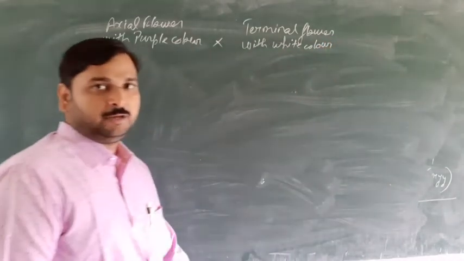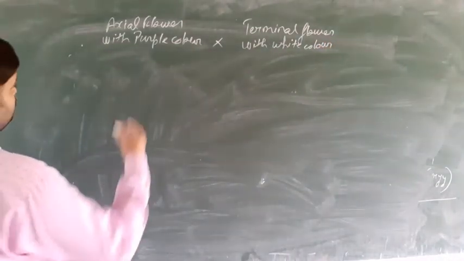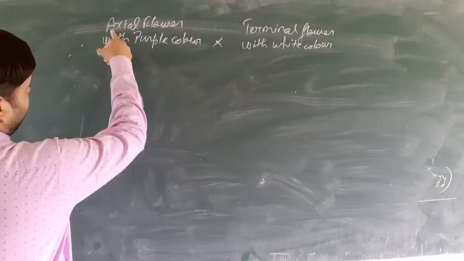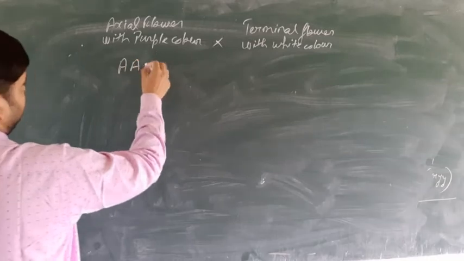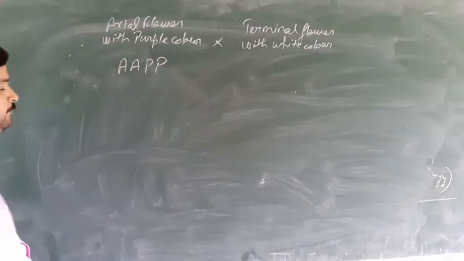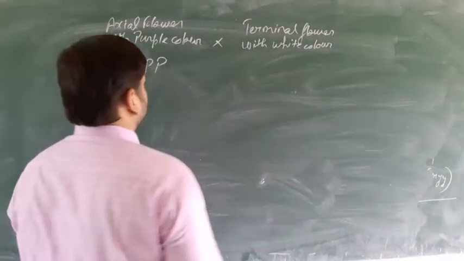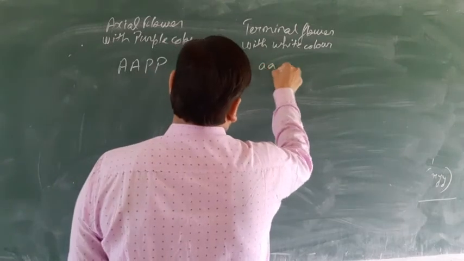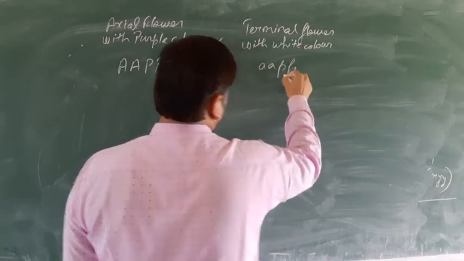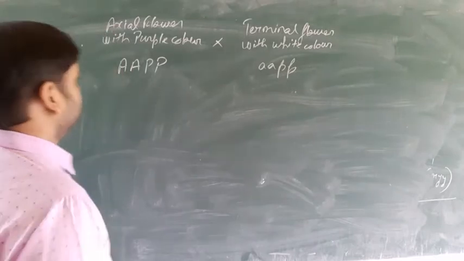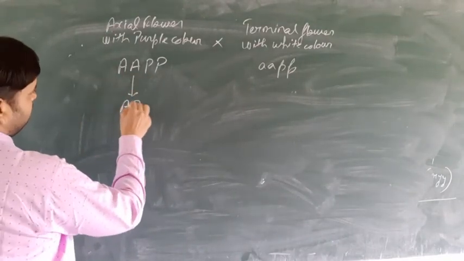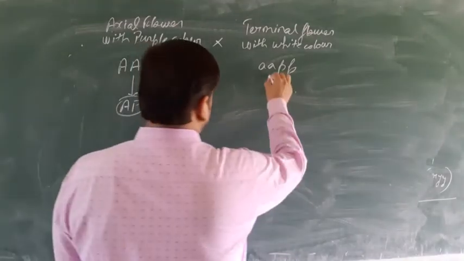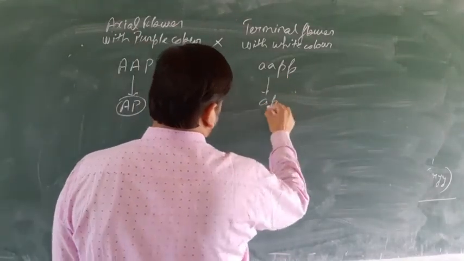So first you have to write the genotype. The alphabet is taken from the dominant, so A and purple P, AAPP, and here it will be small a, small p. These are the parents. Then make the gametes. Only one type of gametes will be here: capital A, capital P, and small a, small p.